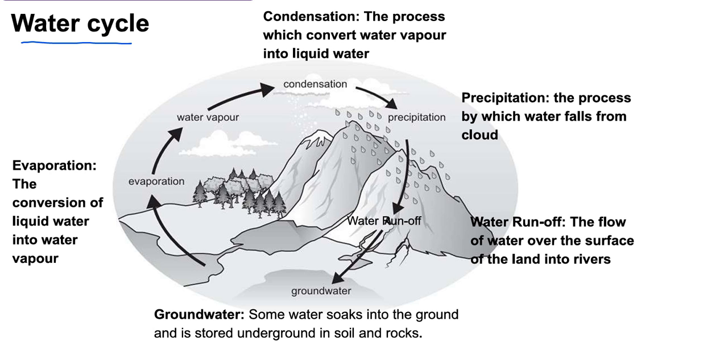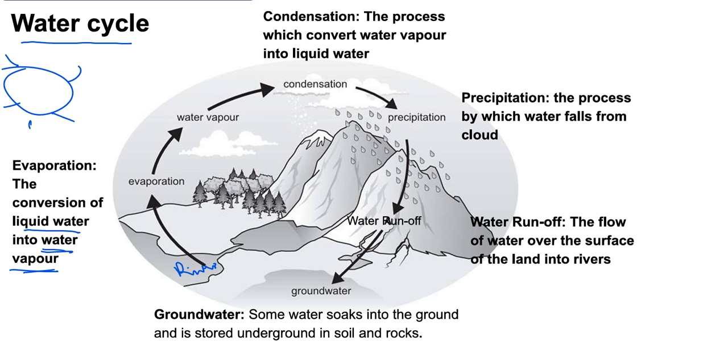Now, first, you can start anywhere, but just follow the arrows. Now, these are waters in possibly the rivers. If there is sunlight, this water can easily evaporate. So what is evaporation? Evaporation is the conversion of liquid water into water vapor.